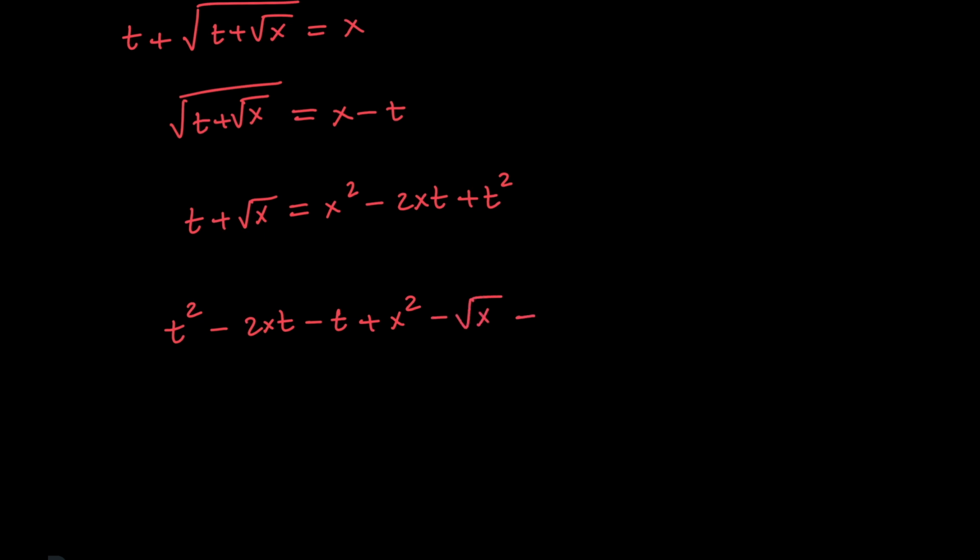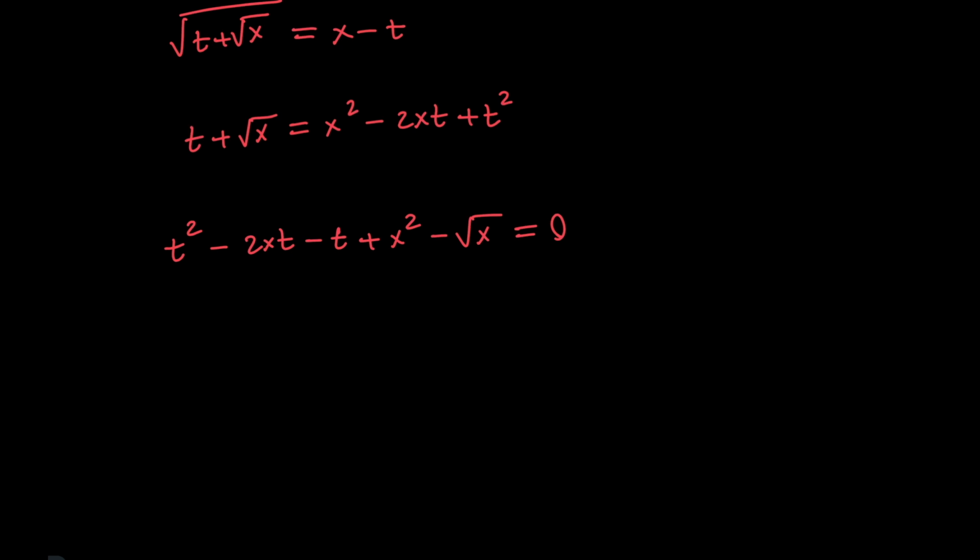Now, what I want to do here is to write a quadratic equation in terms of t. To do that, I'm going to factor negative t out of these two. So we will have t squared minus the quantity 2x plus 1 times t plus x squared minus the square root of x equals 0.